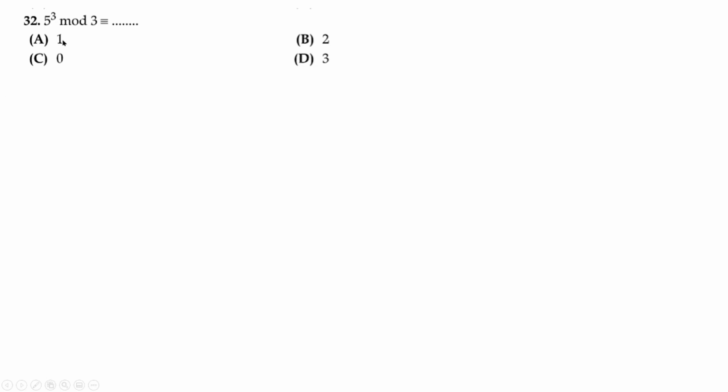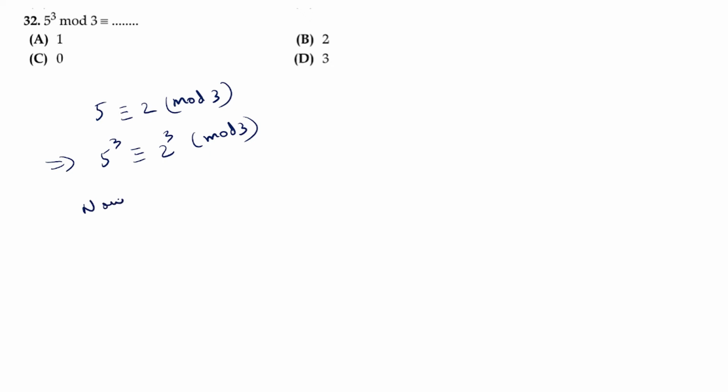Next question, 5 cube mod 3 equal to. Now using the properties of congruence modulo, we know that 5 is congruent to 2 mod 3. So this means 5 cube will be congruent to 2 cube mod 3.